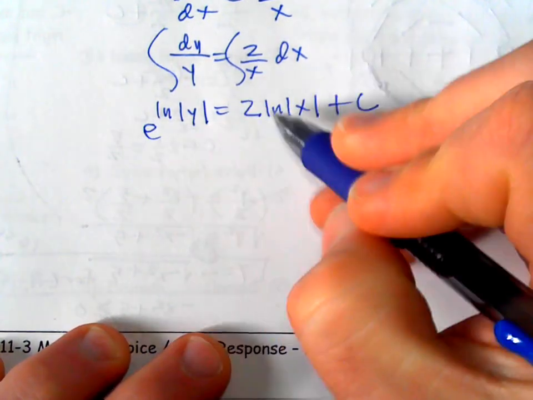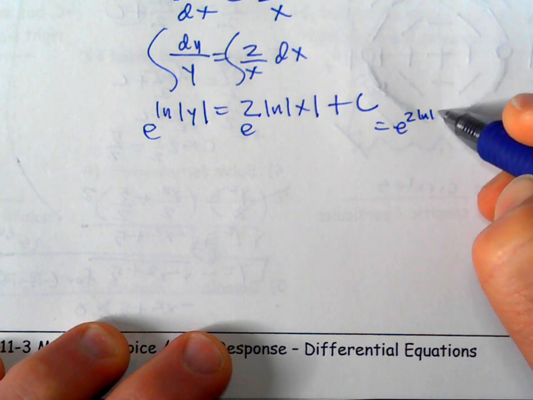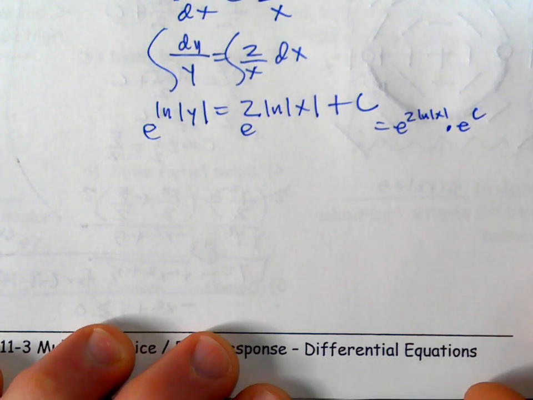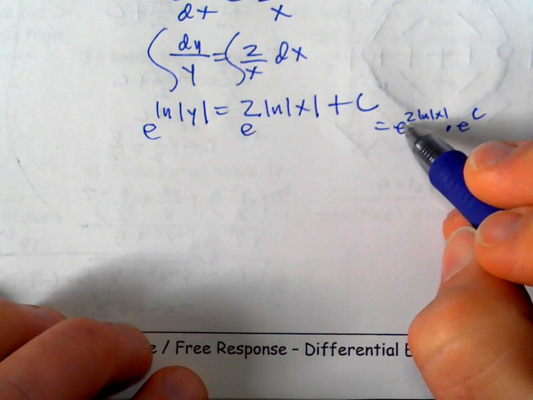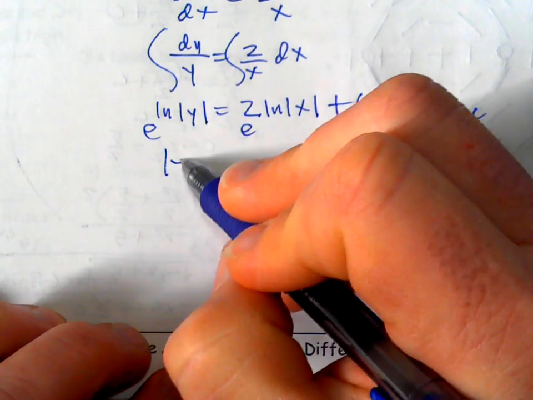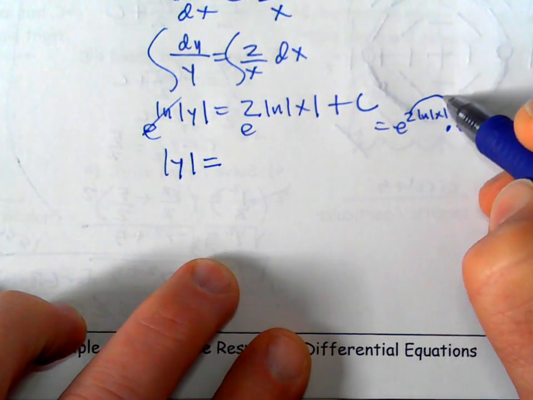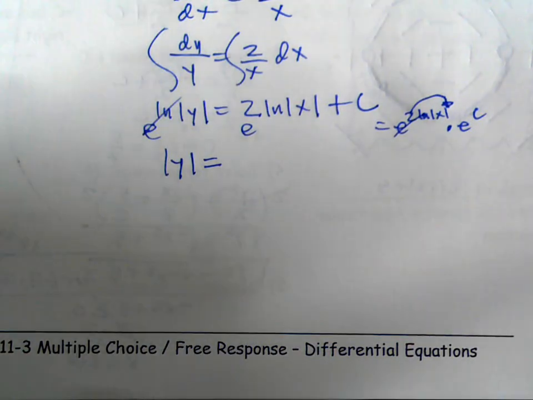So we need to exponentiate both sides. Rules of exponents say you can break this up, but you can't distribute the exponent over the sum. Over here, you're going to get the absolute value of y. This will cancel. And here, you have to bring the 2 in before you can cancel the e and the natural log; there can't be anything in between them.